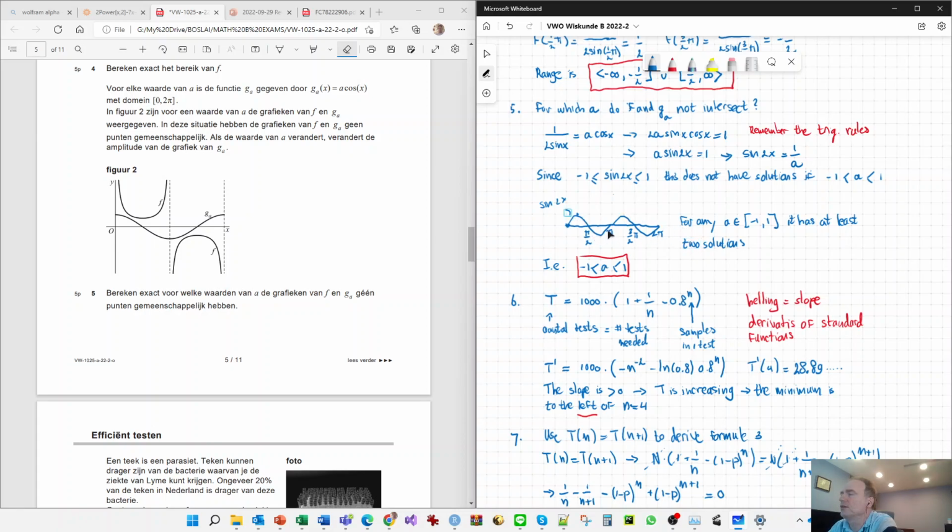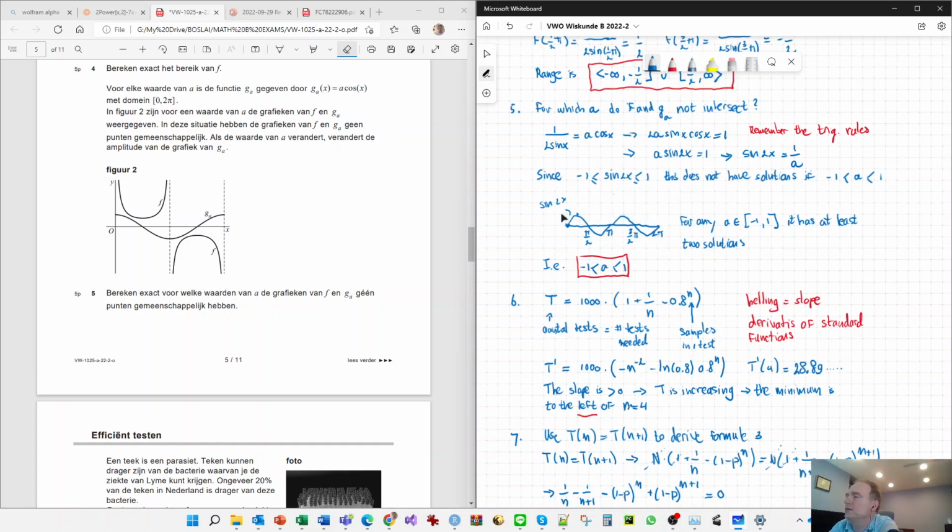If you like draw the sine of 2x between 0 and 2 pi, because there's 2 here, you get kind of 2 positive peaks and 2 negative peaks. And you can see actually for every a in this range from -1 to 1, it always has at least 2 solutions.